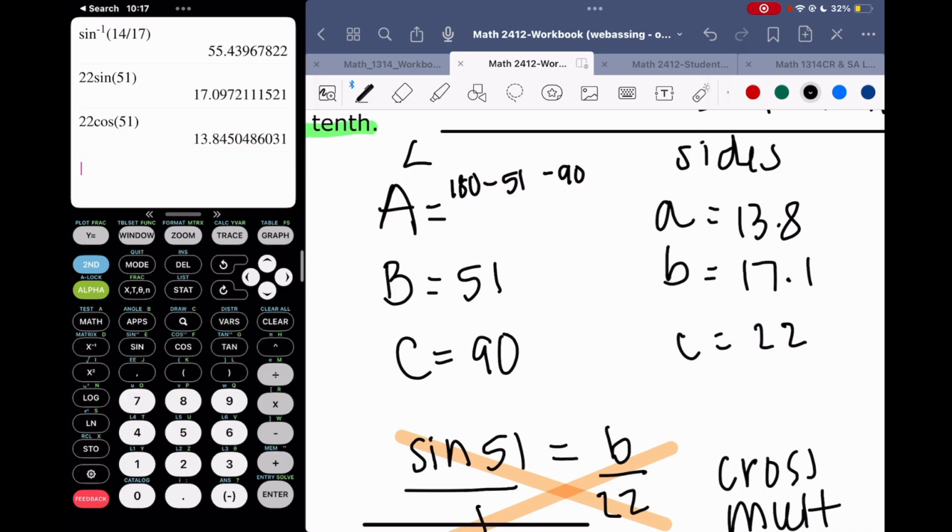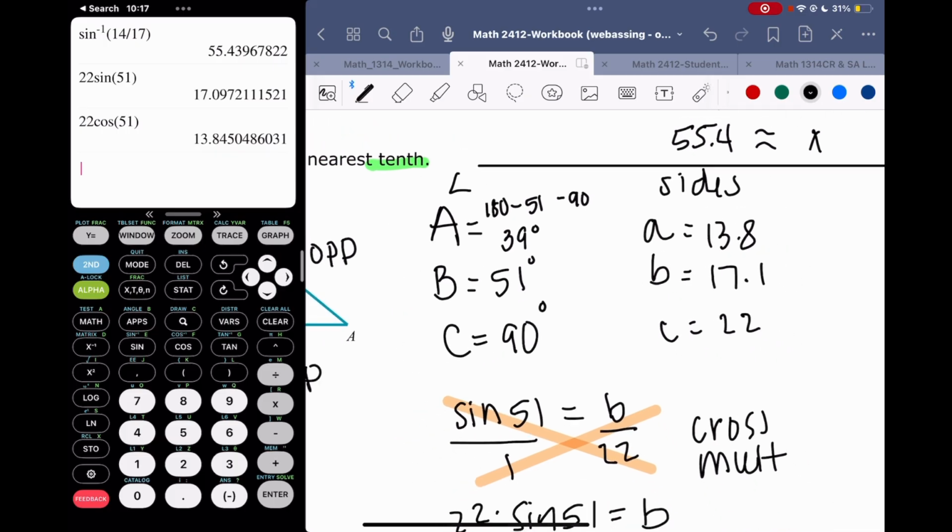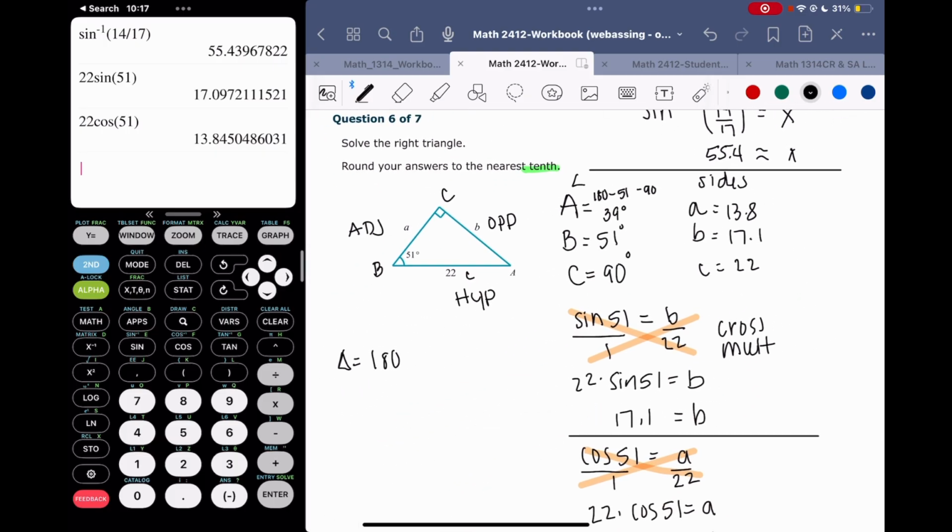So angle A is equal to 39 degrees. So we basically had to figure out the solutions for all the blanks of this triangle. So we found a, b for the sides, and angle A.